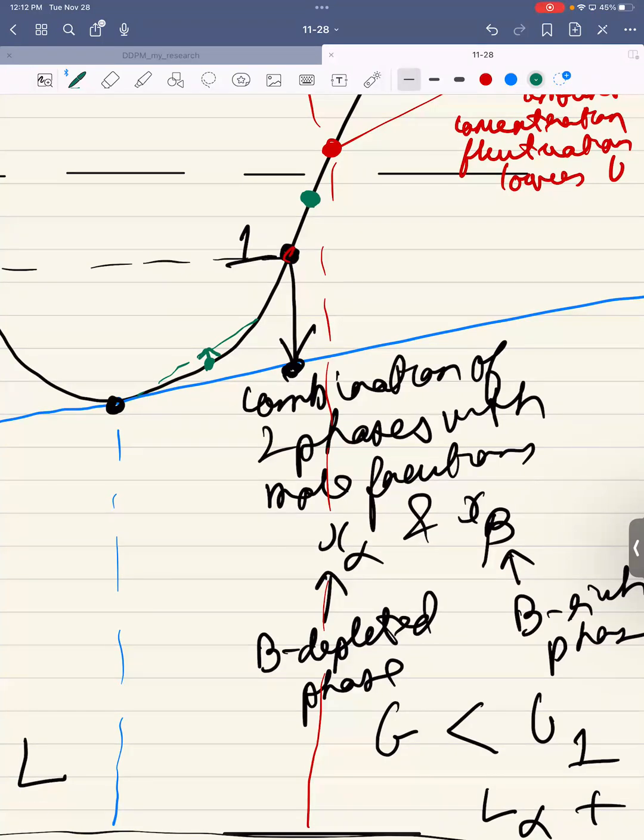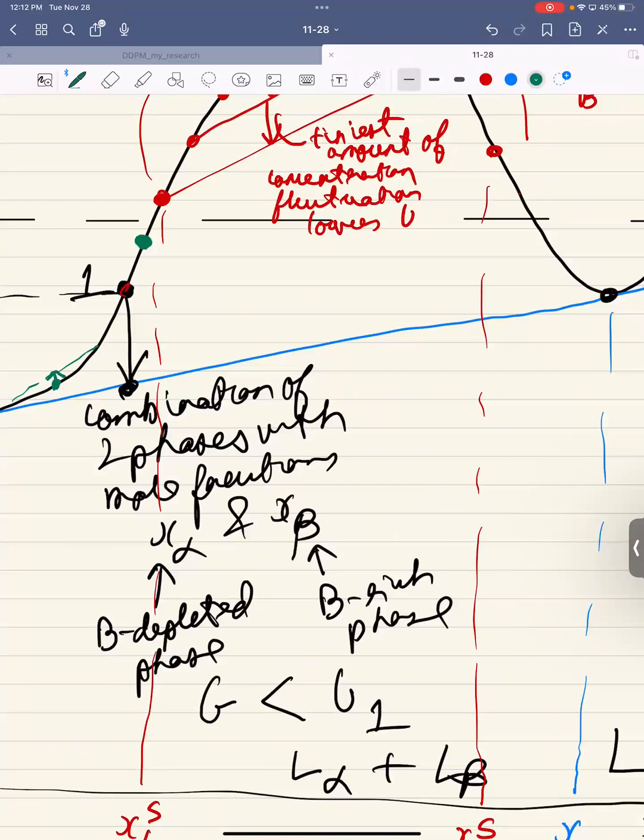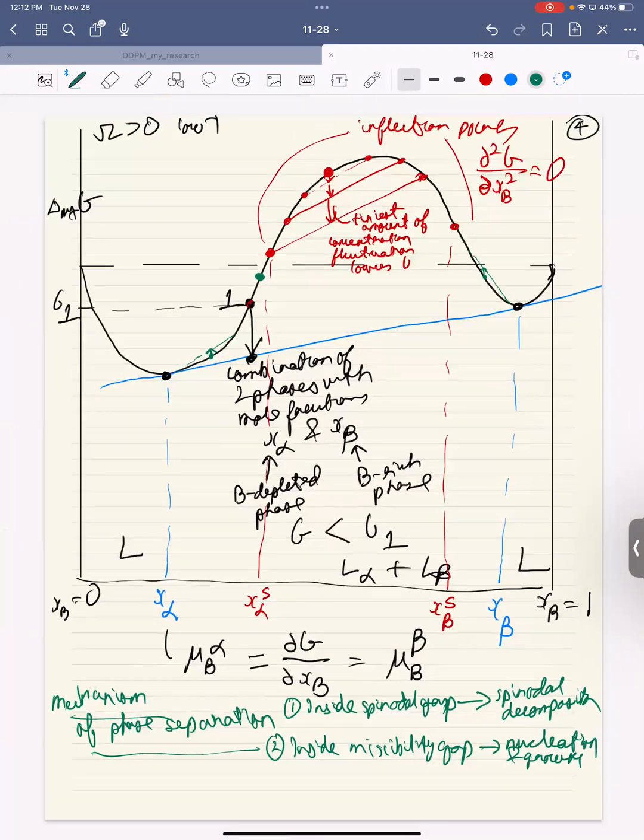So it's simpler than what I said. Over here, if you try to separate into two phases, like a combination of this and this, the free energy goes up, if my arrow makes sense. It's only inside these 2 points that the tiniest amount of fluctuation leads to free energy going down. It's not thermodynamically stable, but that's what you will see. I will draw it on the next page and then I will shut up.